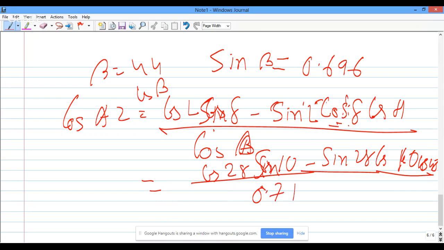So if you calculate this out, it comes out to be 104.2 degrees. So cos AZ comes out to be how much? Cos AZ, or cos phi, we might have sometimes used the notation cos phi. So how much does cos phi come out to be?